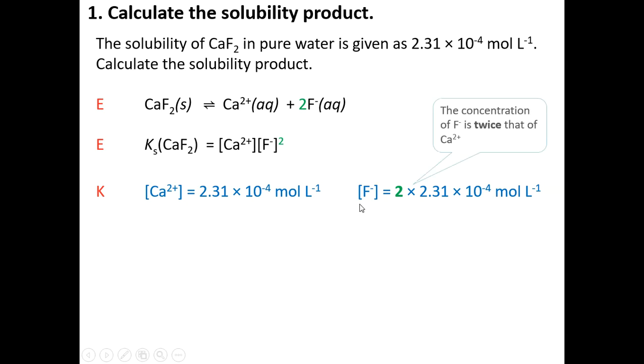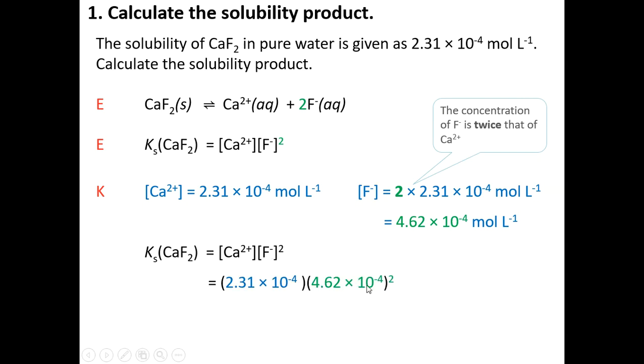So when I substitute into the equation, I've doubled it here, because I have to double it. But when I substitute into the expression, I have to square it as well. So my fluoride is both doubled and squared.